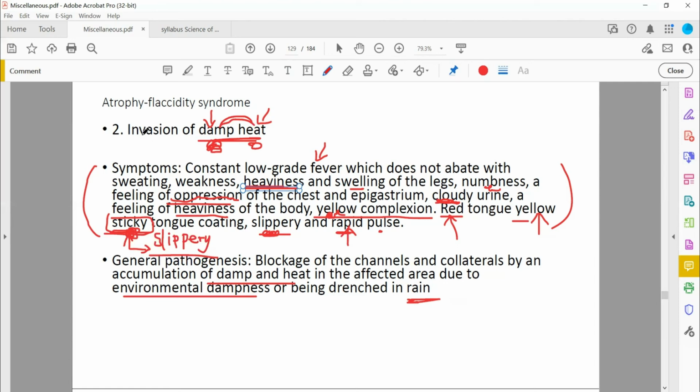If you don't know about invasion of damp heat, you can just see, okay, this is damp heat syndrome. Easy, right? Easier.